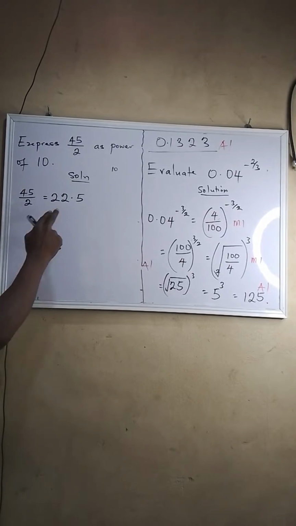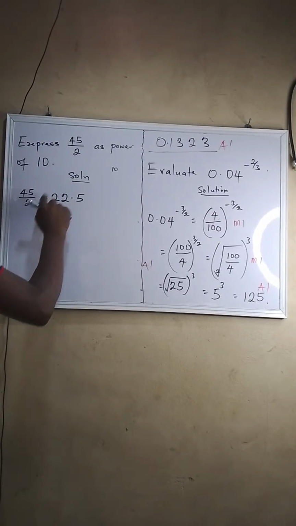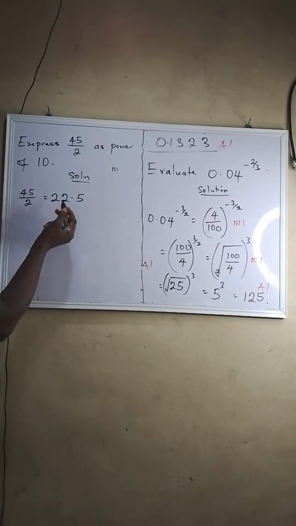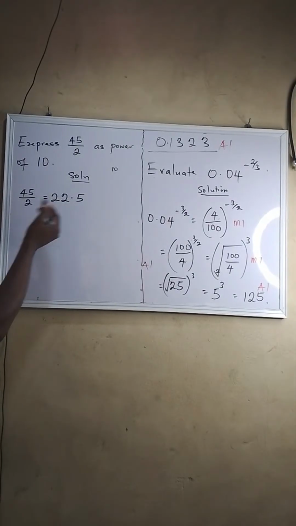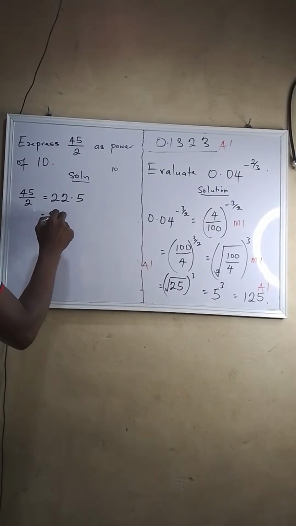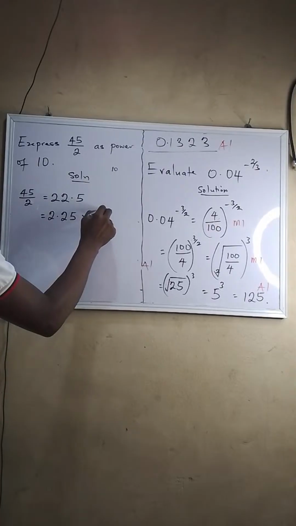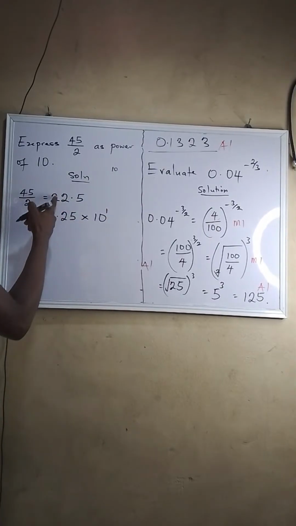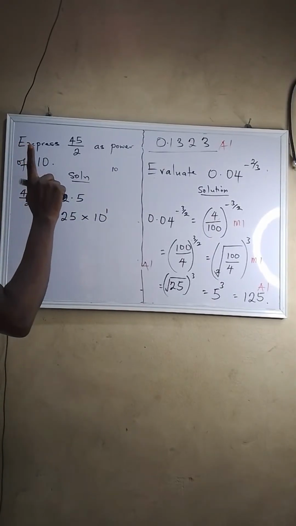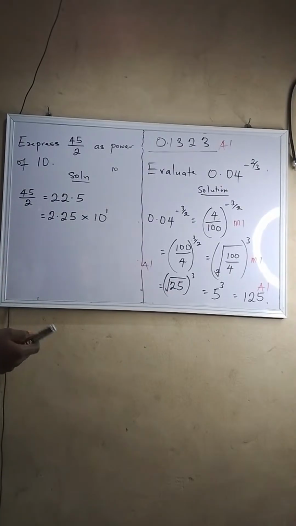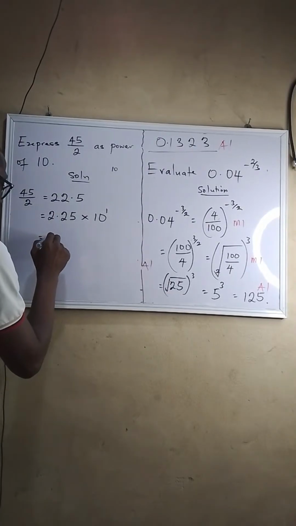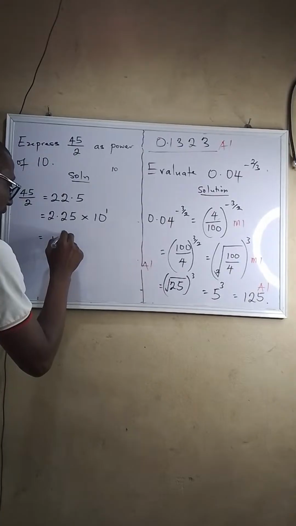Then you change this number to standard form. You move the point to the back of the first significant digit, which is 2 here. So you have 2.25 times 10 raised to the power of 1, because you move the point to the front once. Okay, good. Now the next thing is to write 10 raised to the power of 0.